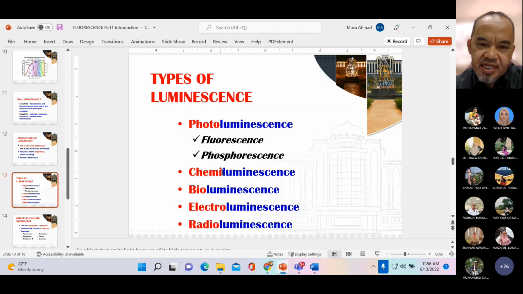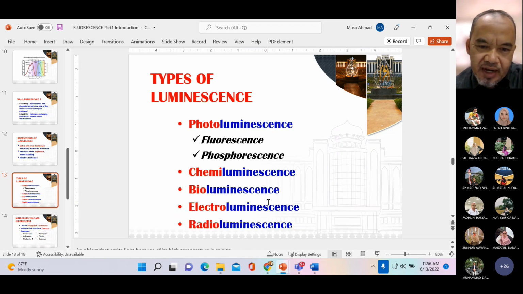Chemiluminescence is because the luminescence is produced due to a chemical reaction. Bioluminescence is like the firefly earlier, where the luminescence is produced because of a biological reaction, maybe within the firefly, the starfish, or the octopus and so on.